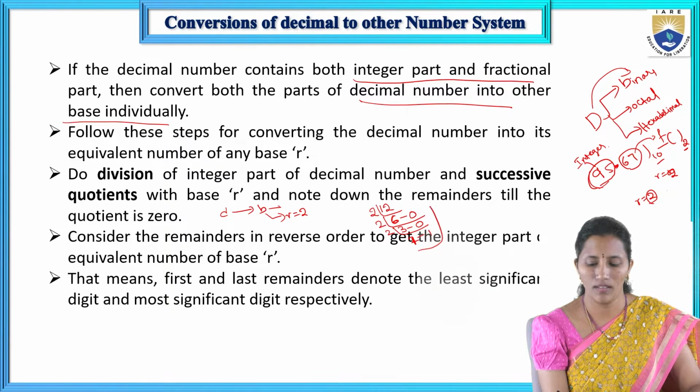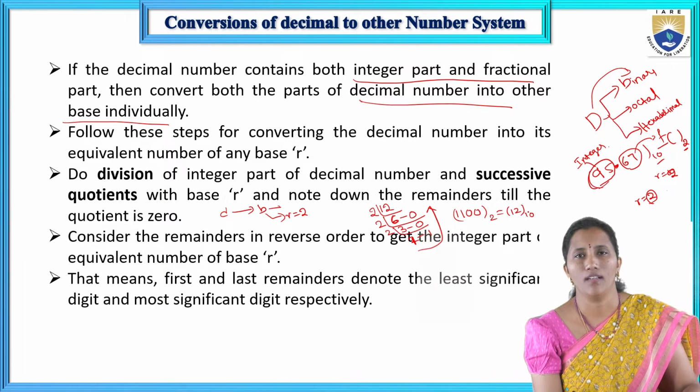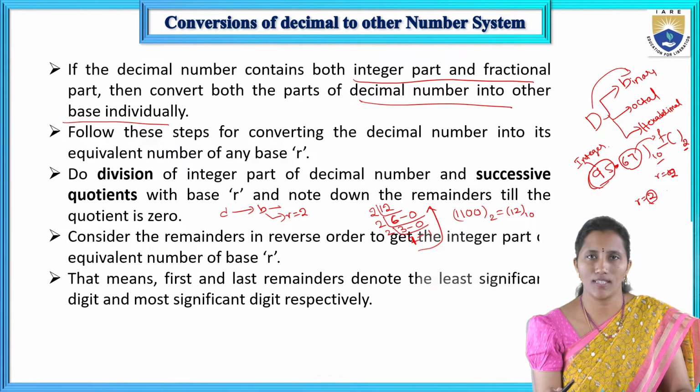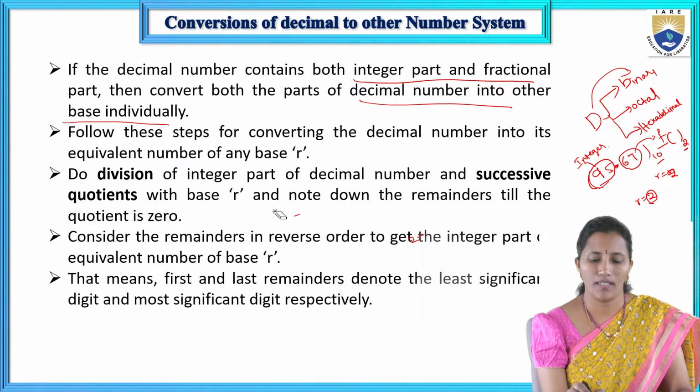So write down the remainders from bottom to top: 1 1 0 0. This is the binary equivalent: decimal number 12 is represented by 1100. We will discuss this procedure with examples; I explained this one just to help you understand.